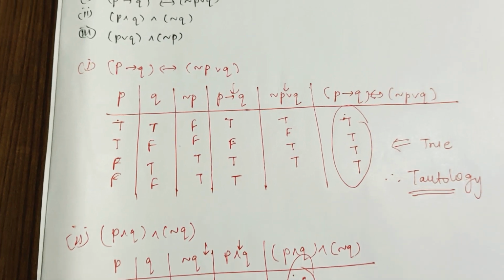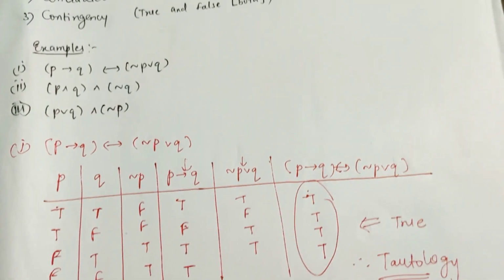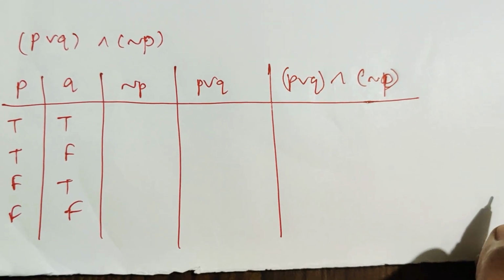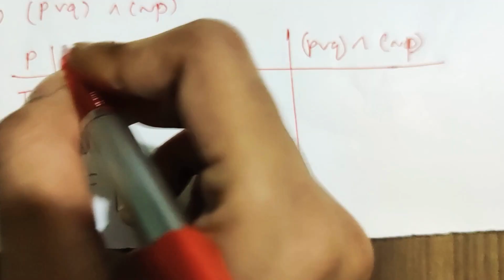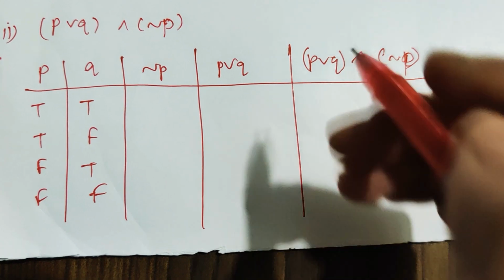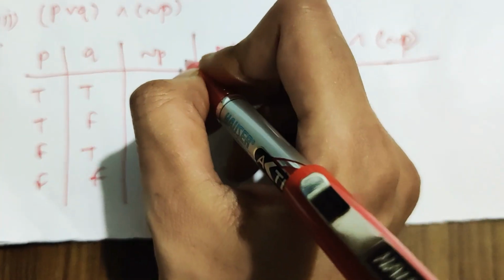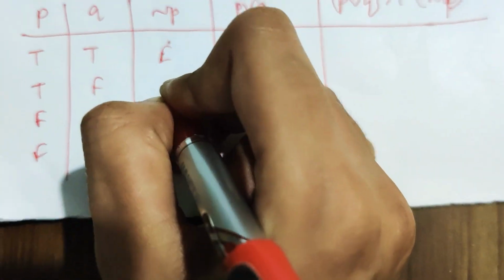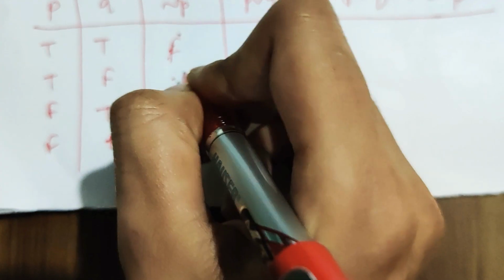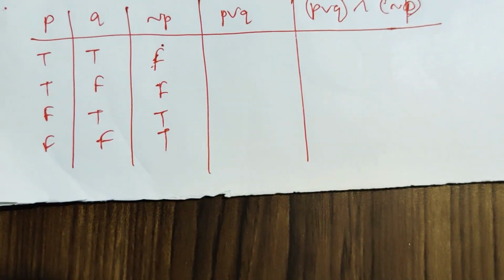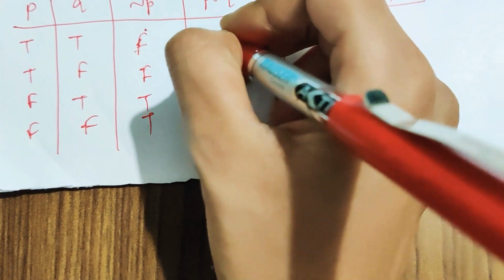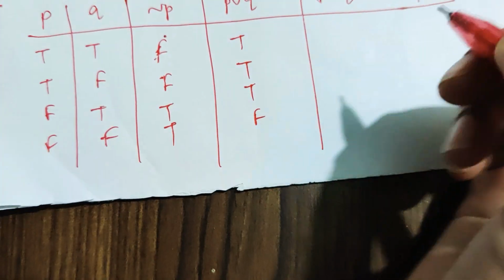Okay, now we will go to the third example. See, the third example is P or Q and negation P. So I have drawn the entries of it. Now negation P means opposite of P, that will be false, false, true, true, right? P or Q means any one value should be true: true, true, true, false.